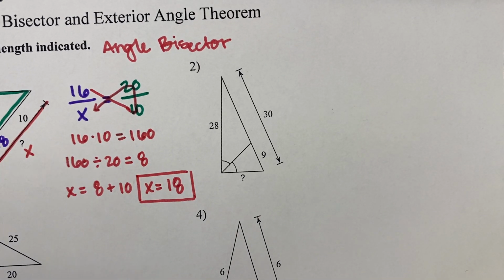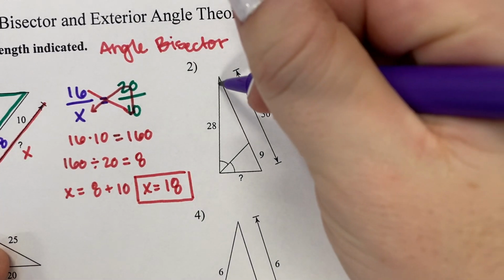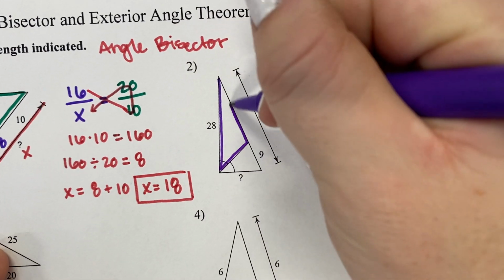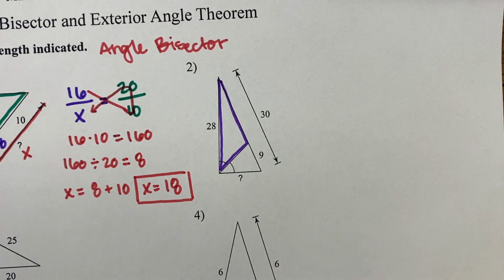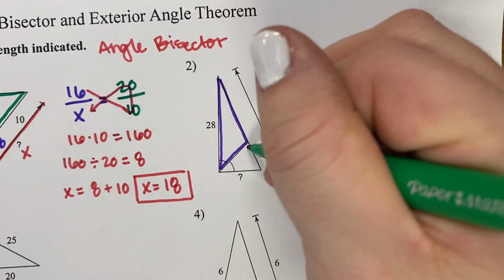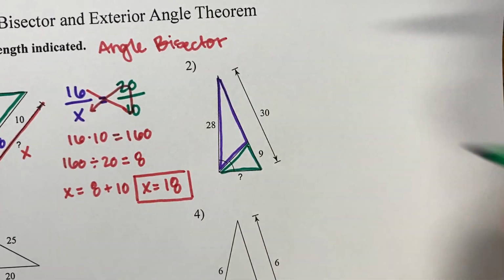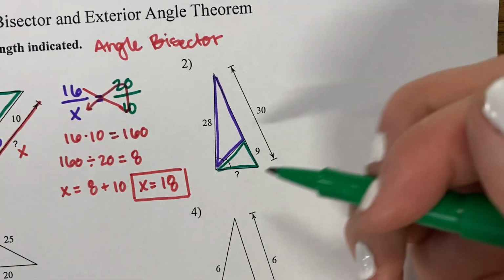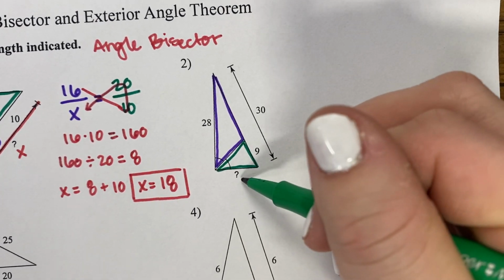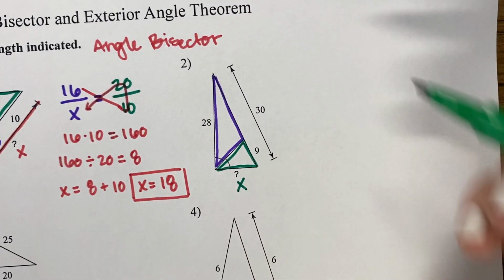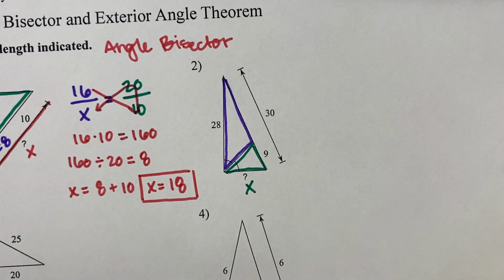So I'm going to go ahead and set it up into two triangles. This bigger guy will be my purple triangle. This guy will be my green triangle. Now this guy's a little different. What we're actually looking for is this x right here, and then it gives us this whole length.